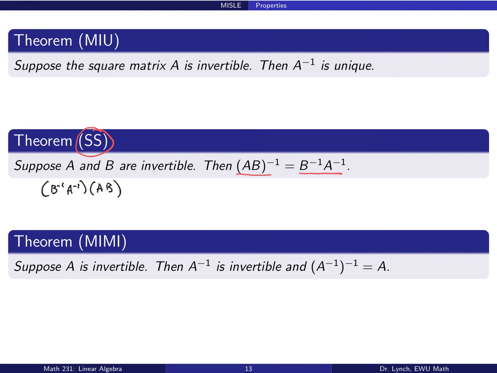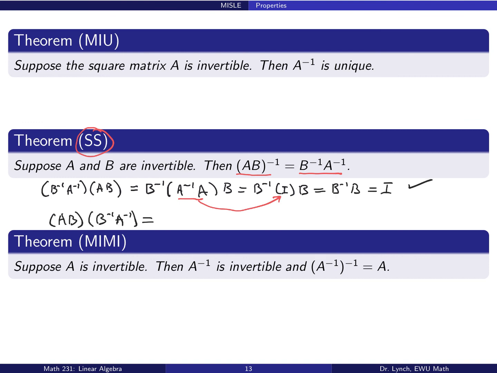Now, of course, we can reassociate our matrix multiplication here as long as we keep things in order. Now, since we've assumed that A is invertible, A inverse times A has to give you back the identity. And of course, the identity multiplied by anything is just that thing. So it turns out that this becomes B inverse B, which is also the identity.